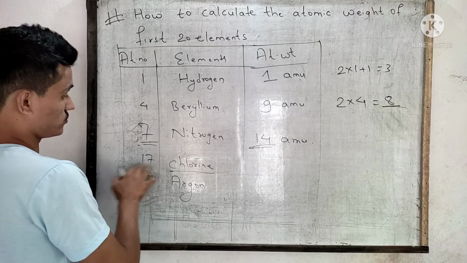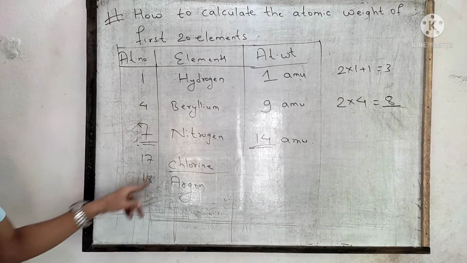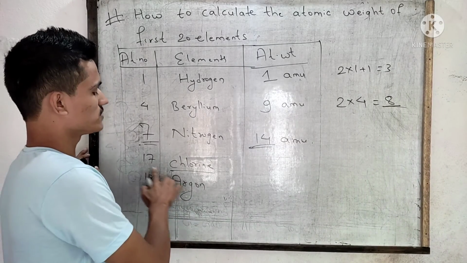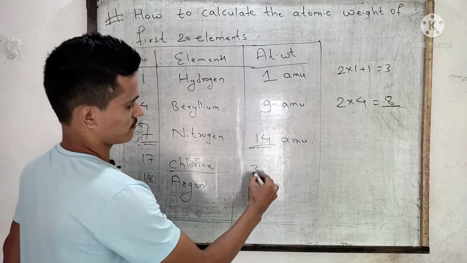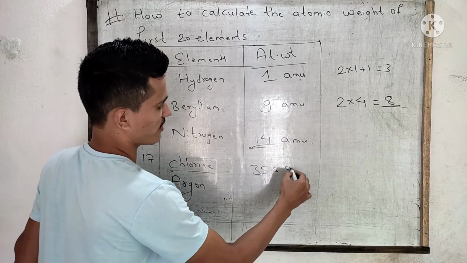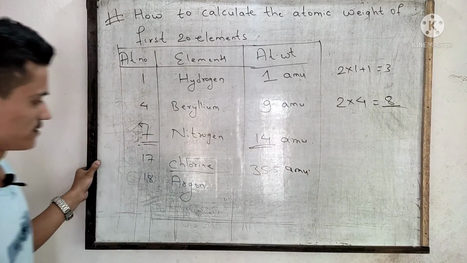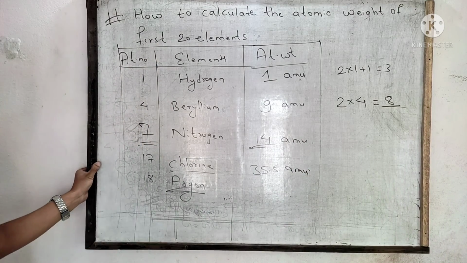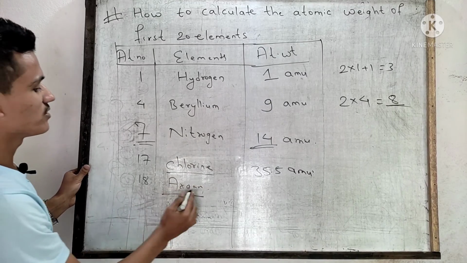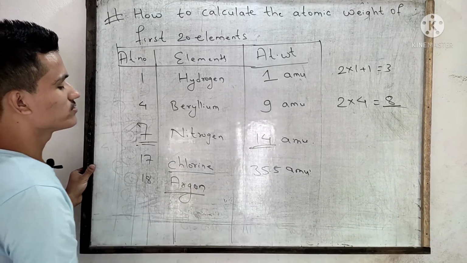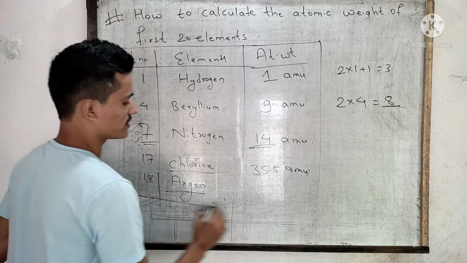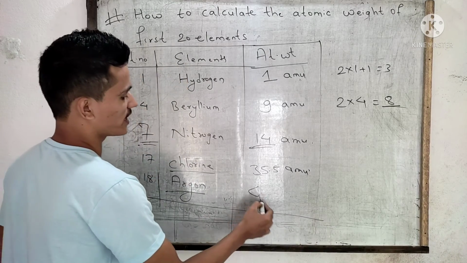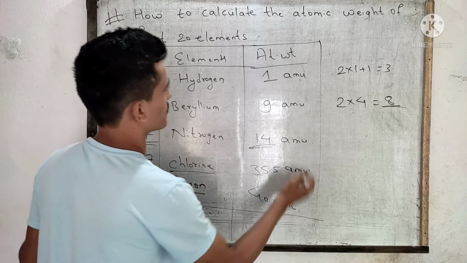Chlorine, the atomic number of chlorine is 17. According to the rules, the answer would be 35, but 35.5 AMU is the correct answer. Argon has atomic number 18. According to the rules, it should have atomic weight 36, but the answer is 40 AMU.